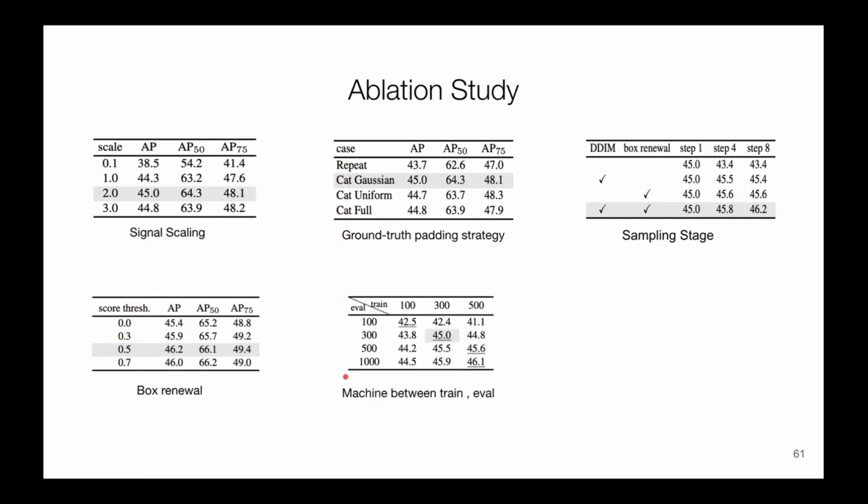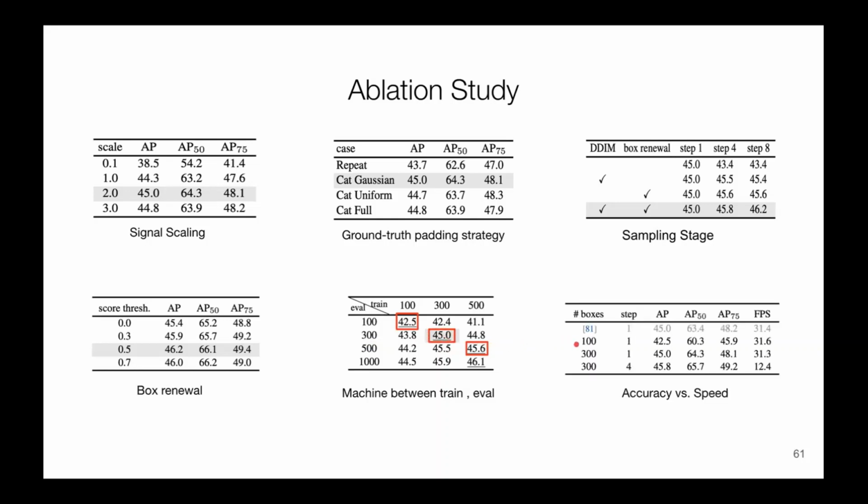And as we've seen in the earlier graphs, DiffusionDet's performance keeps increasing no matter how many bounding boxes are generated, but it tends to perform better when the number of bounding boxes for evaluation and training are matched, like here. And the default setting here is 300.